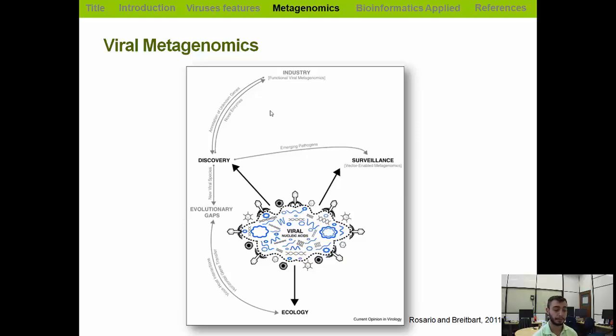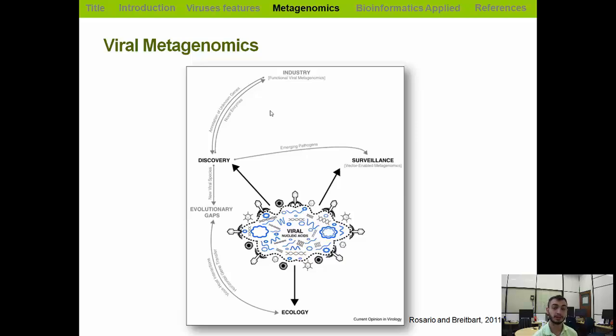And the discovery of some new viruses could lead to surveillance, because some of these viruses could cause some disease, an epidemic or pandemic disease, and we would know about these new species before they emerge as a pathogen or as a pandemic disease.